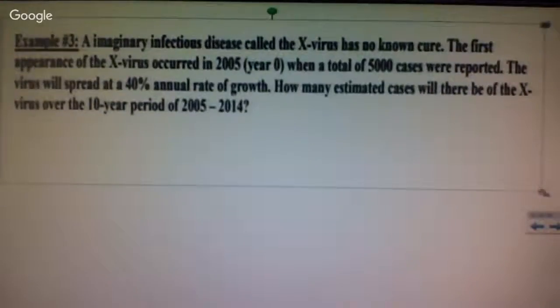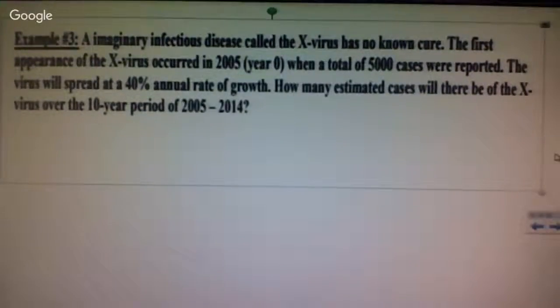All right. An imaginary infectious disease called the X virus has no known cure. The first appearance occurred in 2005 when a total of 5,000 cases were reported. The virus will spread at a 40% annual rate of growth. How many estimated cases will there be for the X virus over a 10-year period?